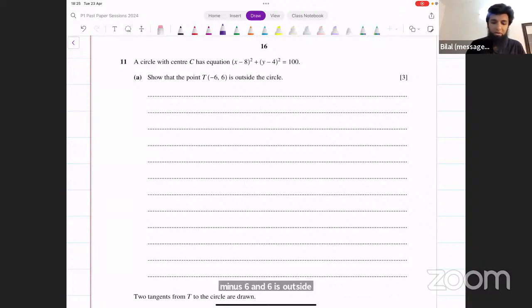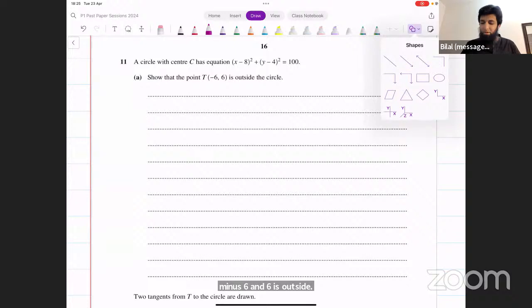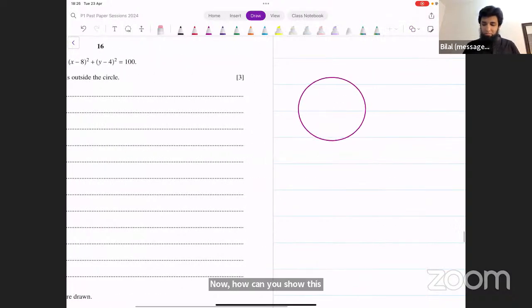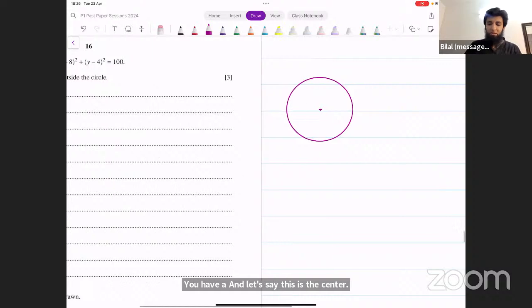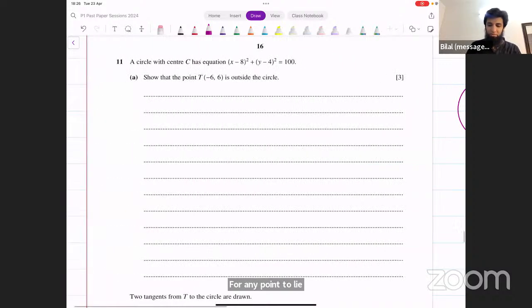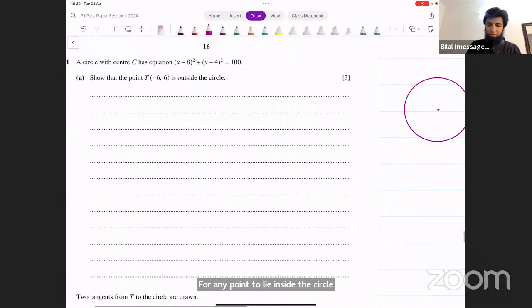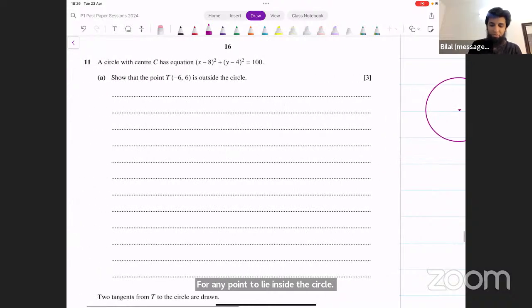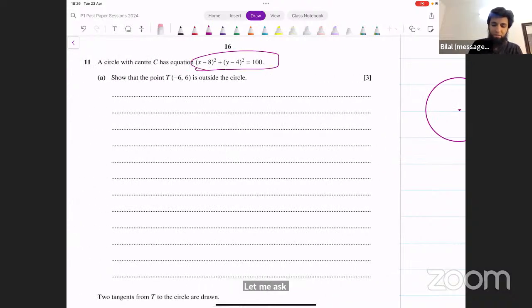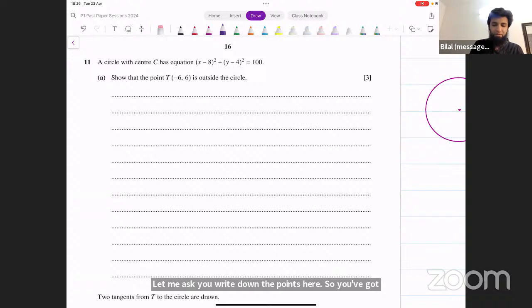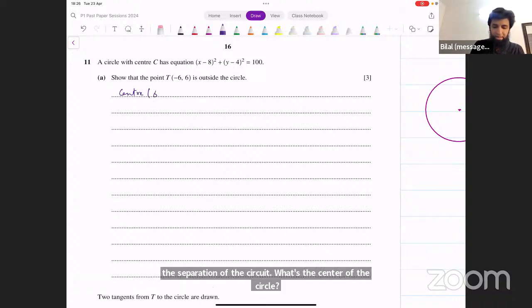Now, how can you show this? You have a circle, and let's say this is the center. For any point to lie inside the circle, let me actually write down the points here. So you've got this equation of the circle. What's the center of the circle? The center of the circle is 8 and 4.